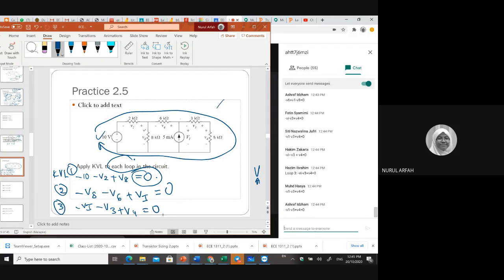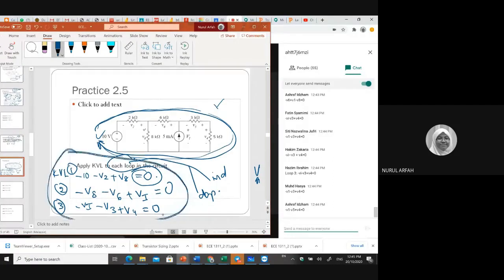Okay, for this part. Start with negative 10. The outer loops here. Remember, loops consist of 2, right? Independent and dependent. So the one you make, you just build this equation is for independent loops. So now, what if I have the outer loops?